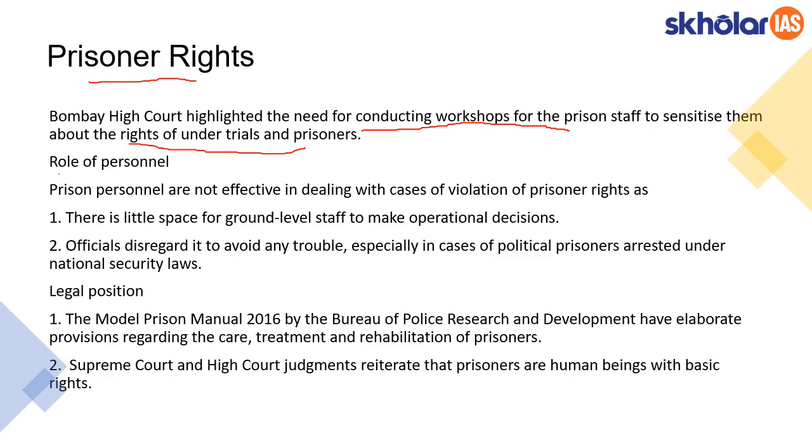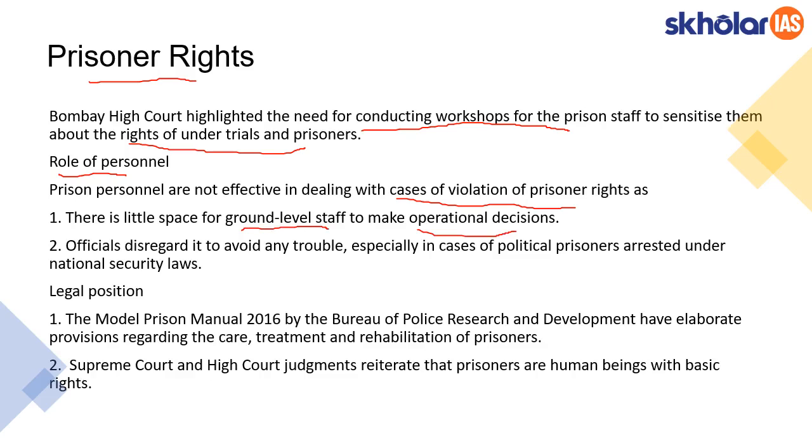Now let's see the role of prison personnel. They are not effective in dealing with cases of violation of prisoner rights. In many instances the rights of prisoners are violated for various reasons, and the officials within the prison are not effective in ensuring that these rights are enjoyed by them. Why is it so? The first reason is that the ground level staff, though they are not officers, don't have the power to make operational decisions.